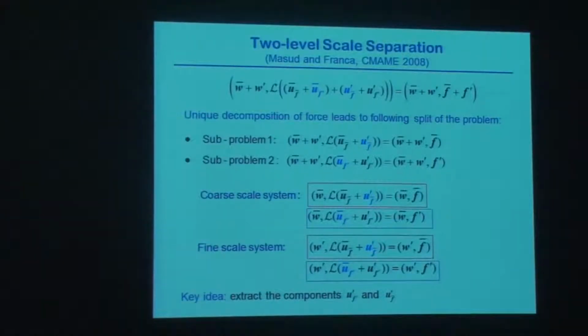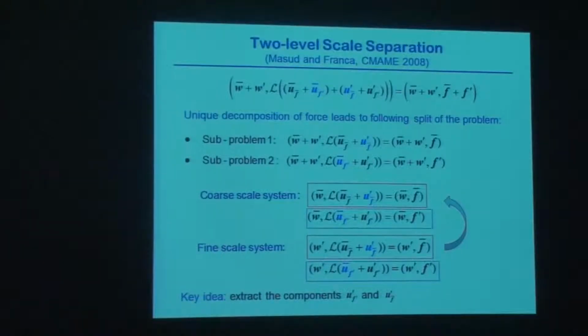Now we are going to construct things back again. Our first step is going to be to solve this fine scale problem and somehow extract an expression for U prime F bar that can then be substituted back into the coarse scale system, so that when we solve the coarse scale system, the effect of U prime F bar is embedded. This step, which is shown by the arrow, is what I call the modeling part of this framework.